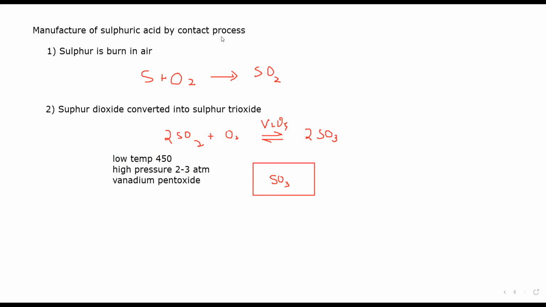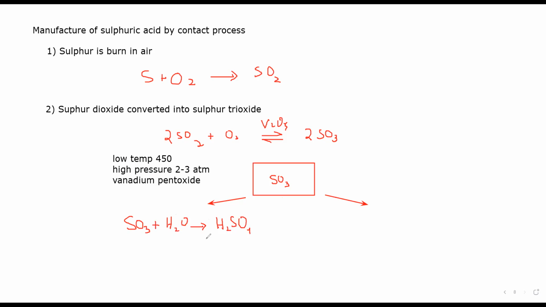So there are two ways to get the sulfuric acid. Number one is when sulfur trioxide is mixed with water: sulfur trioxide plus H2O results in the formation of H2SO4, which is sulfuric acid.